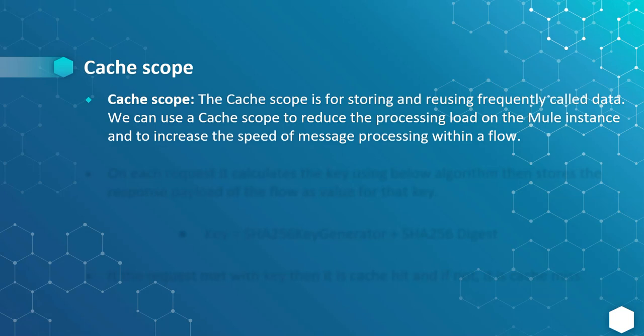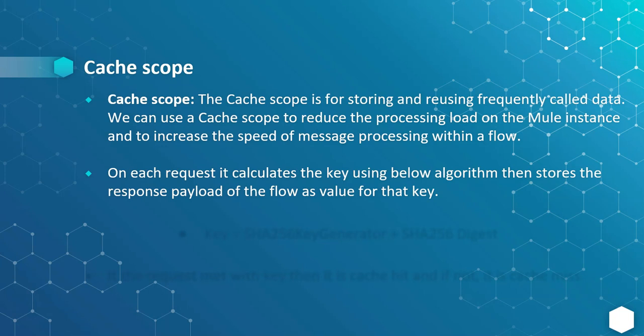How does the caching mechanism work internally? On each request, the caching mechanism calculates a key using the following algorithm: SHA-256 key generator plus SHA-256 digest. Based on the input request, it prepares the key, and whatever response is sent back will be stored as the value at the end of the flow.